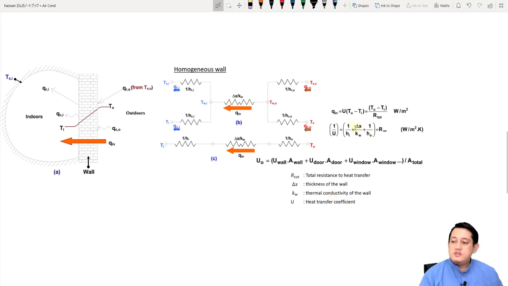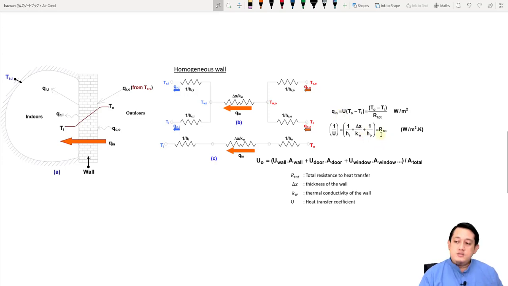We use this to calculate 1 over U, then take the inverse to get U, and put it in this equation, U multiplied with the temperature difference. Then we can also get the value of Q in here.